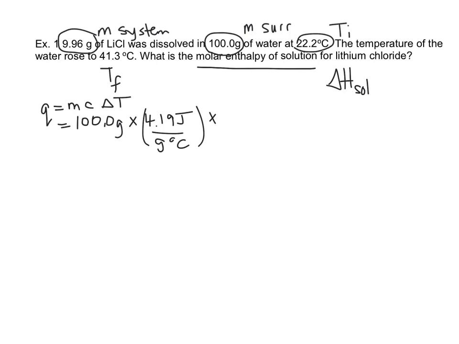And we need our delta T. Delta T is always T final minus T initial. So 41.3 minus 22.2 degrees Celsius, which is 19.1 degrees Celsius. Okay, stick the numbers in your calculator.